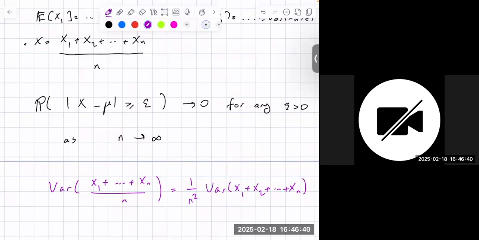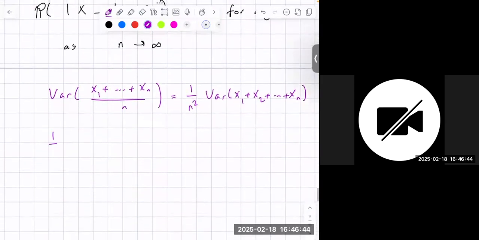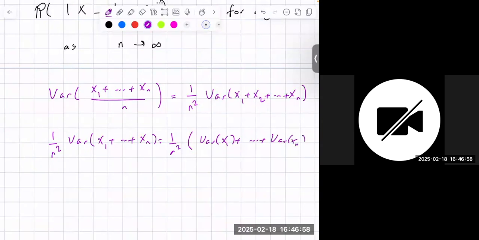Since they're independent, the variance of the sum just gets split up. It's going to be 1 over n squared times the variances summed up. And we know those variances were 1.